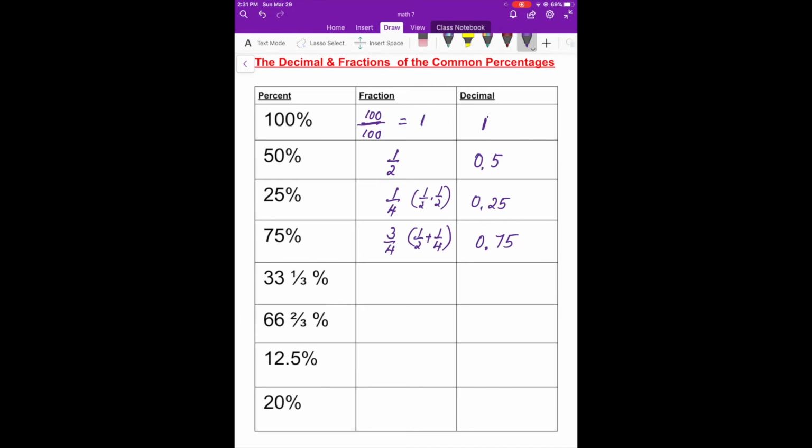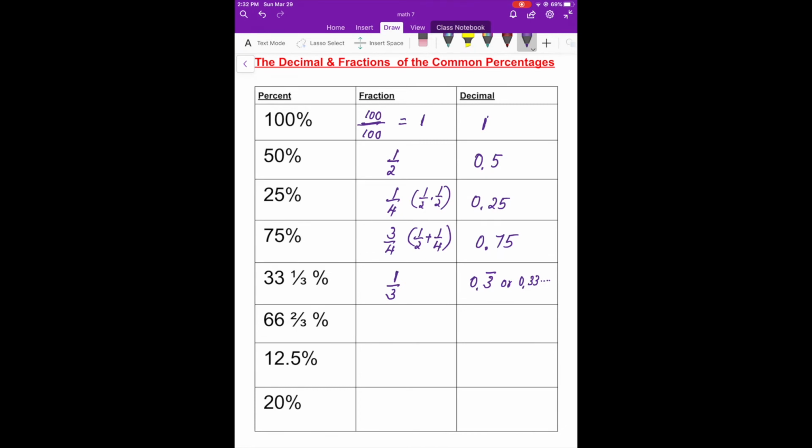And 33 and 1/3% is basically 1/3, because 33 and 1/3% is 0.3 repeats, or you can write 0.3333, it just repeats. That is 1/3. So please try to remember all these so you can use them to order and compare the decimals, fractions and percentages.